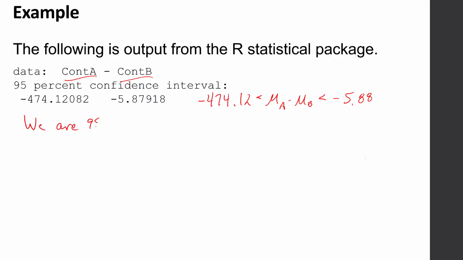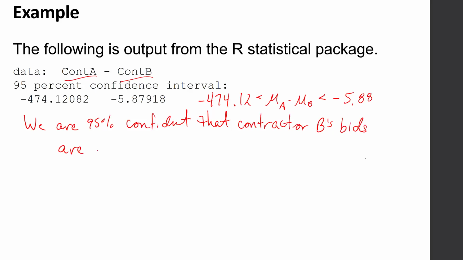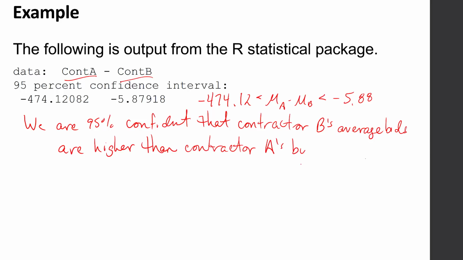I'm going to say we are 95% confident that contractor B's average bids are higher than contractor A's by between $5.88 to $474.12.